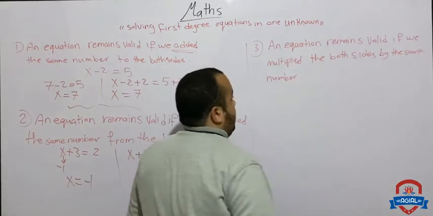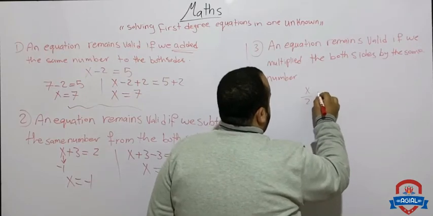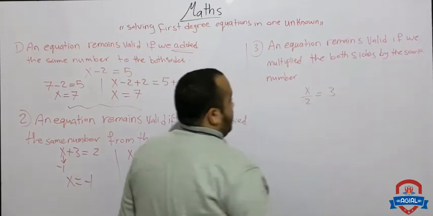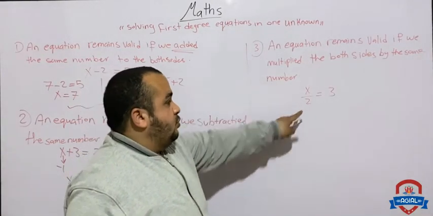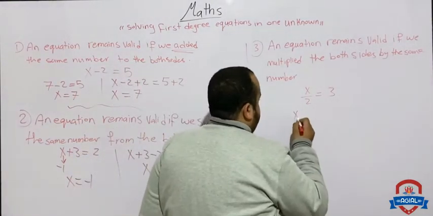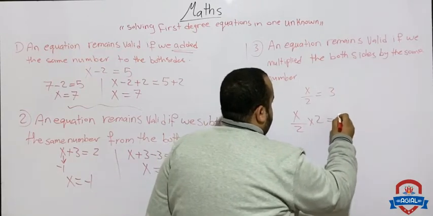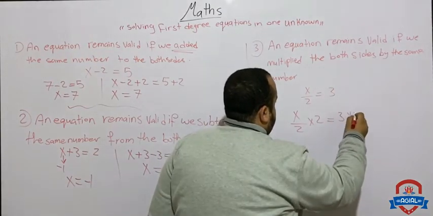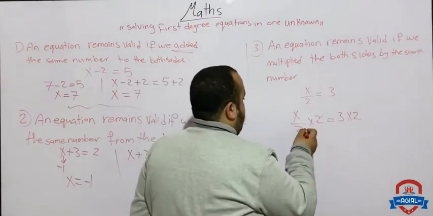For example, if we have this equation, x over 2 equals 3. Now, if we multiply the two sides by 2, 2 over 2 equals 1.